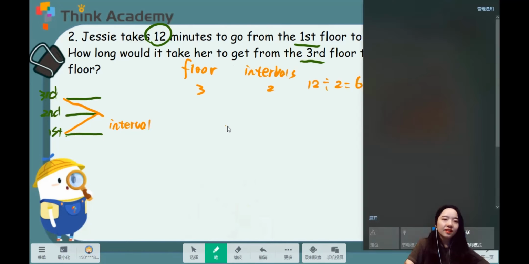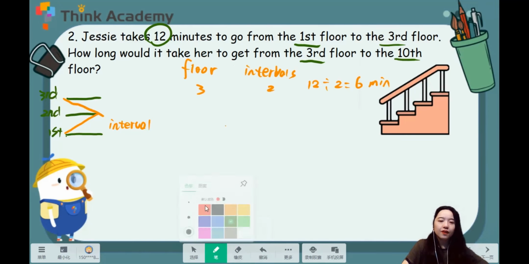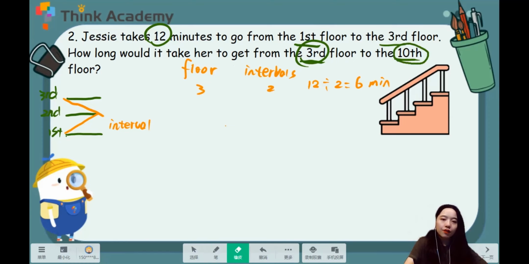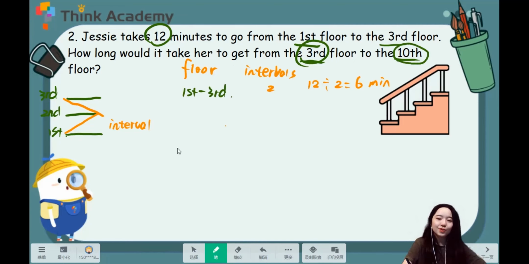Now the question doesn't start from the first floor. It is from the third floor to the 10th floor. The first solution is to draw them all out. It's not a big number. But if next time it is from the third floor to the 100th floor, we can't draw it out. That means we need to find the pattern. From the first floor to the third floor, there are 2 intervals.